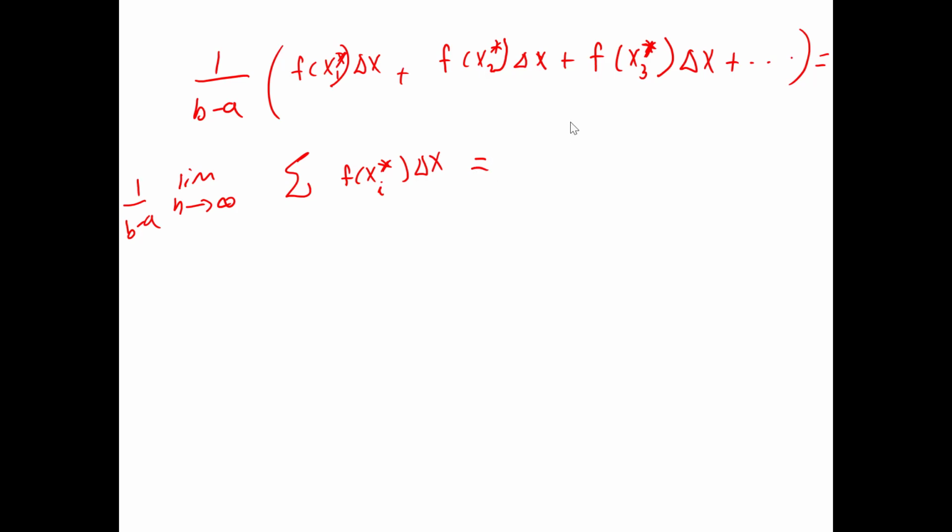And so then this becomes 1 over b minus a times the definite integral from a to b of f of x dx.